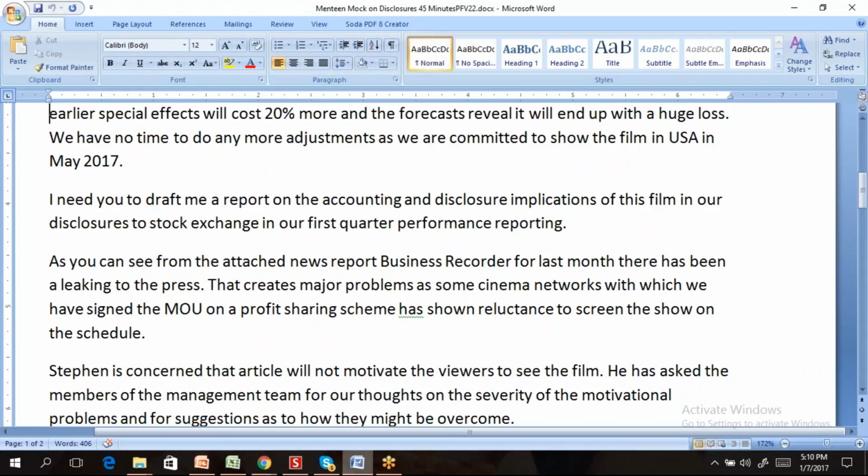Now, the second part of it. Stephen, and of course, another worry for you is leak of information. That means there is something happening inside the company where inside information is getting leaked to the press.